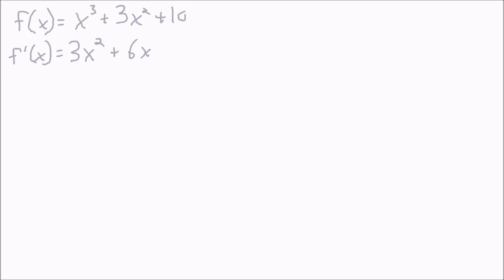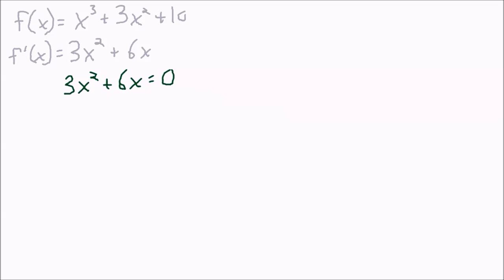Alright, and to find critical points, we're going to set the derivative equal to 0. So this means that 3x squared plus 6x equals 0. I want to find a critical point with x equals something, but both of my terms on my left-hand side have an x. So I'm going to factor it out.